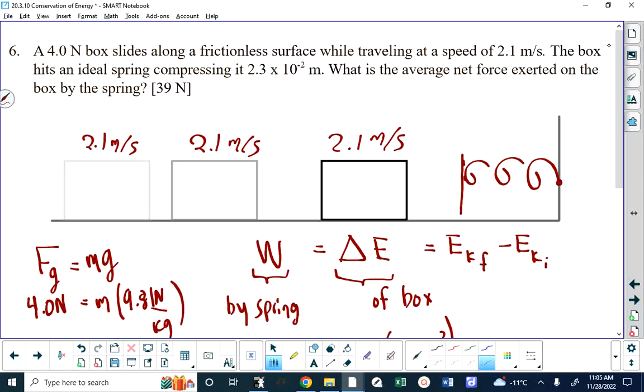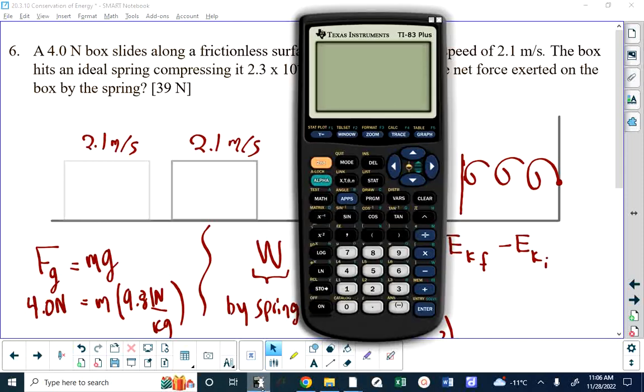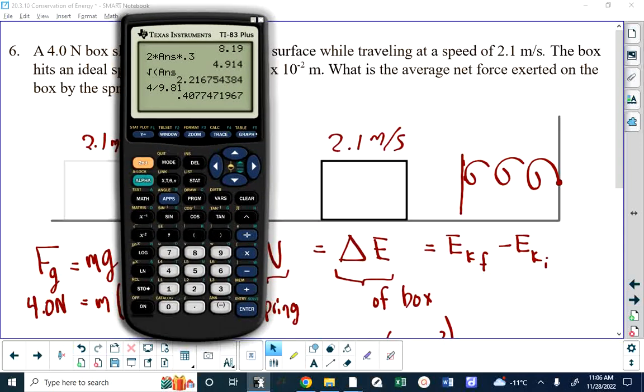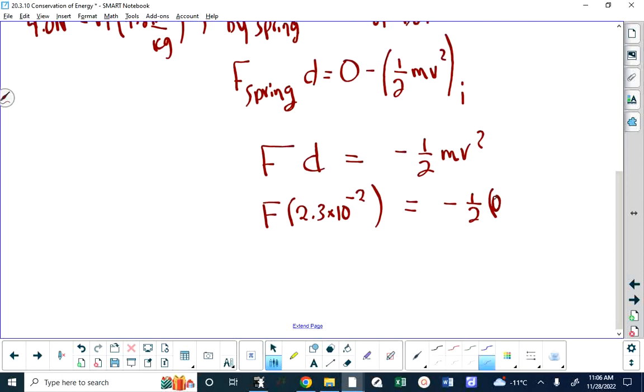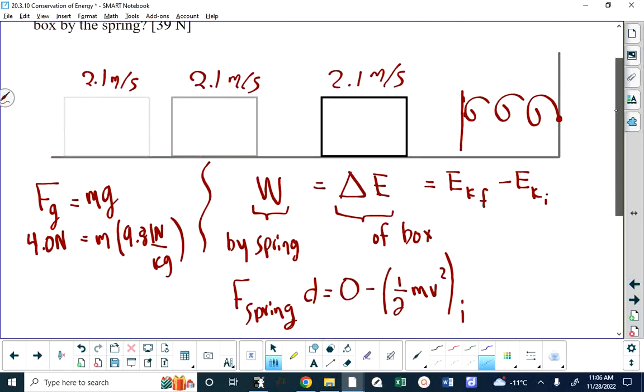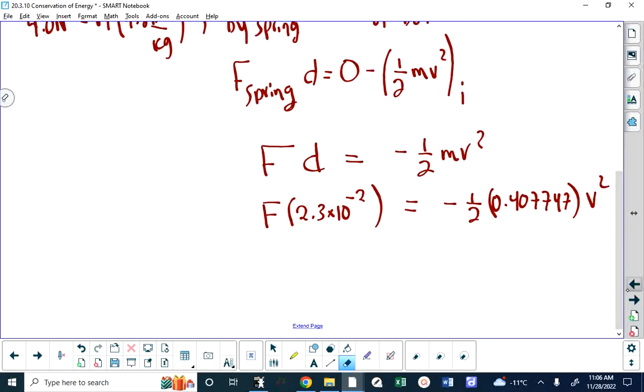You're going to get very close to 0.4 kilograms, but I'll actually calculate it. 4 divided by 9.81 gives me 0.4077, times v squared, which is 2.1.